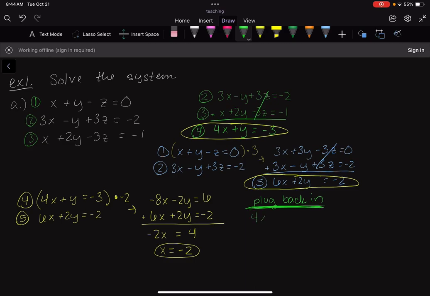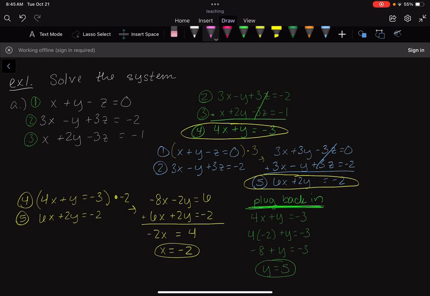If I plug into 4x plus y equals negative 3, I get 4 times negative 2 plus y equals negative 3. Negative 8 plus y equals negative 3. Add that 8 over, so I get y equals 5. So now I have my x and y.